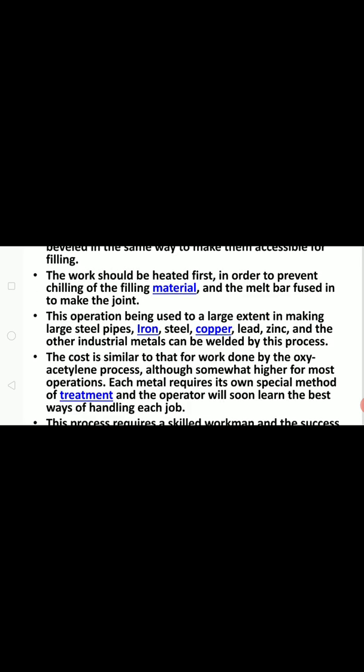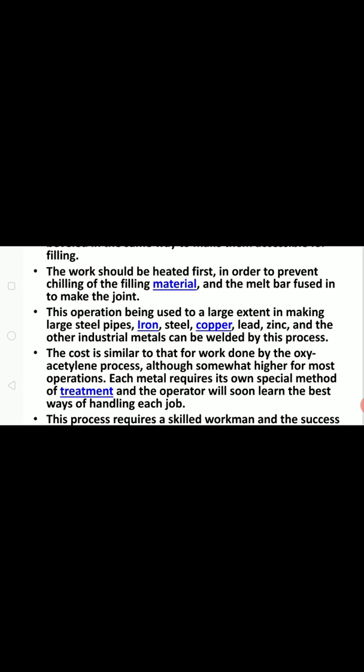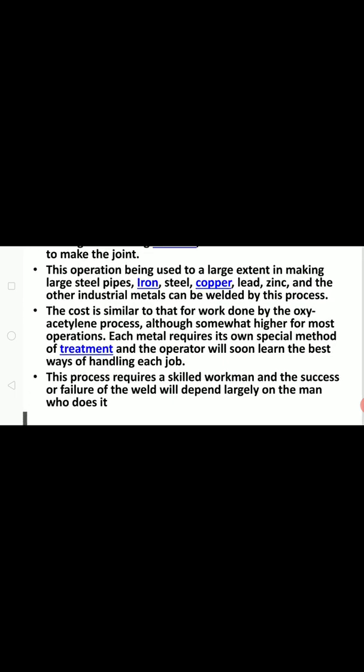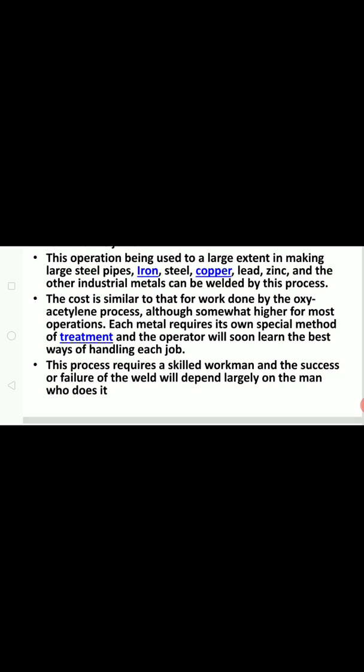The cost is similar to that of work done by the oxy-acetylene process, although somewhat higher for most operations. Each metal requires its own special method of treatment, and the operator will soon learn the best way of handling each job. This process requires a skilled workman, and the success or failure of the weld will depend largely on the man who does it.